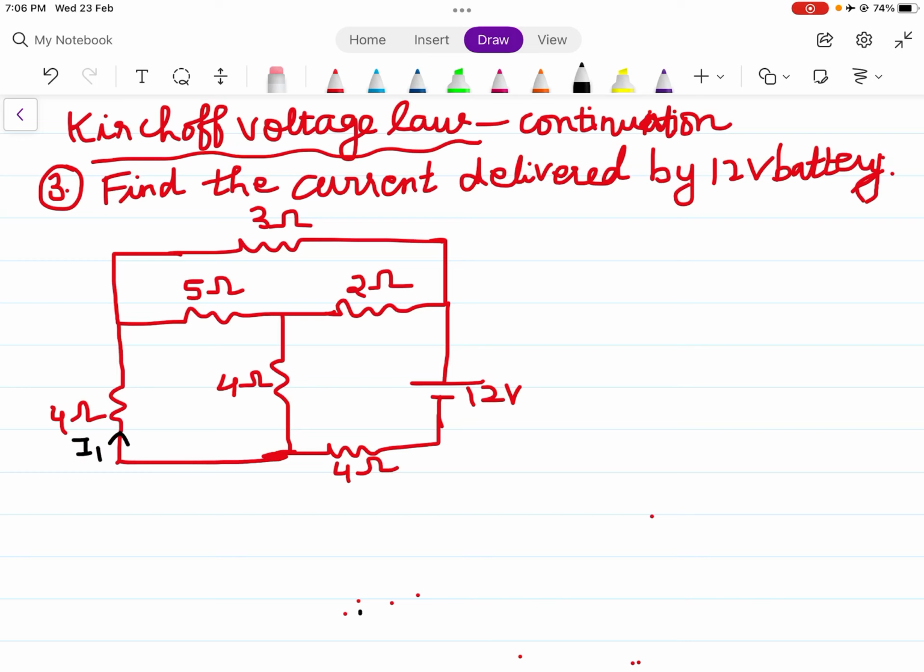I1 is flowing. I1 flows, I2. So this will be I1 minus I2. This will be I3. This will be I3.